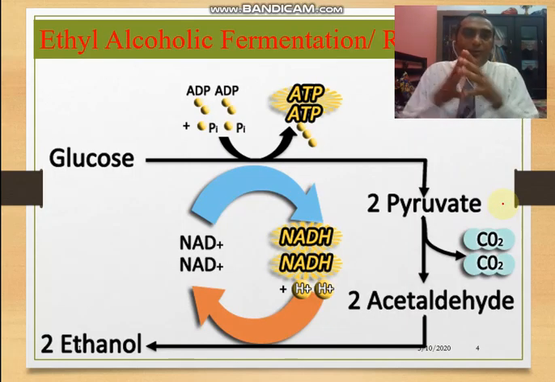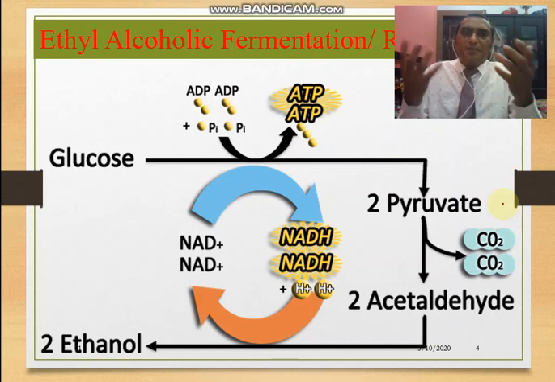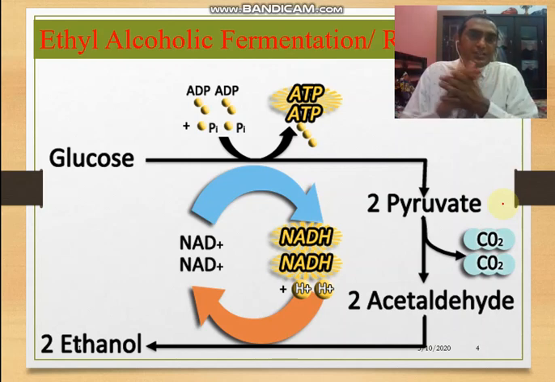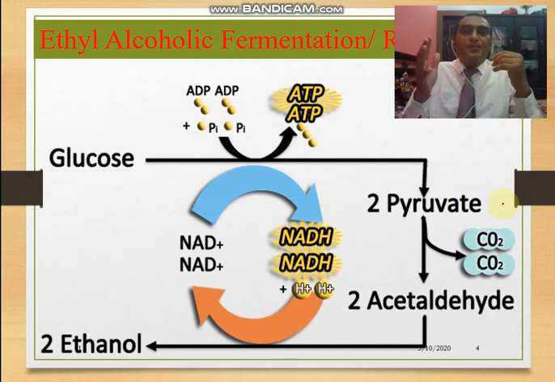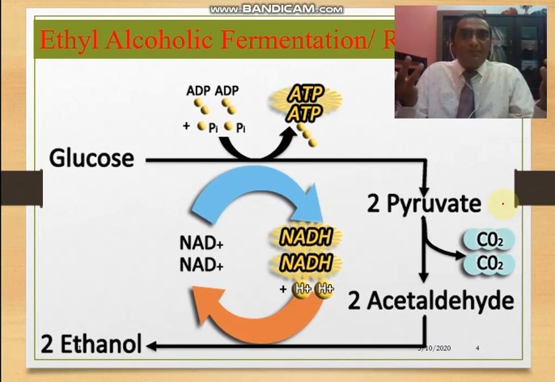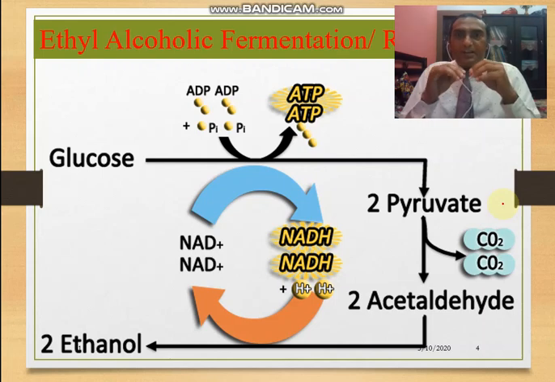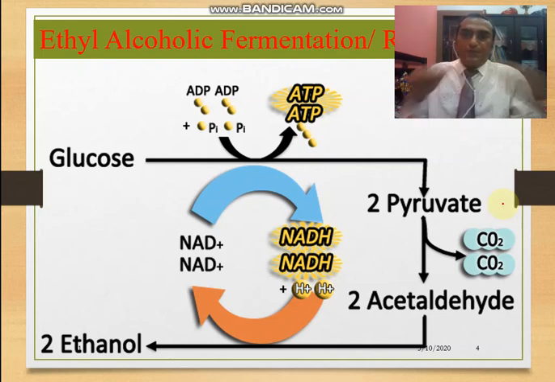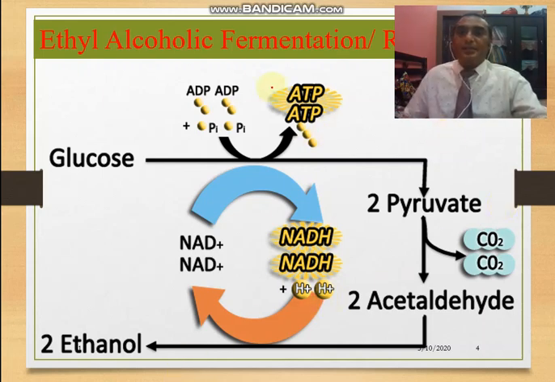Ethyl alcoholic fermentation is commercially very important because we use it for beer formation and wine formation, or in simple words, sharab. It produces carbon dioxide. Similarly, you can see this is the glycolysis process.